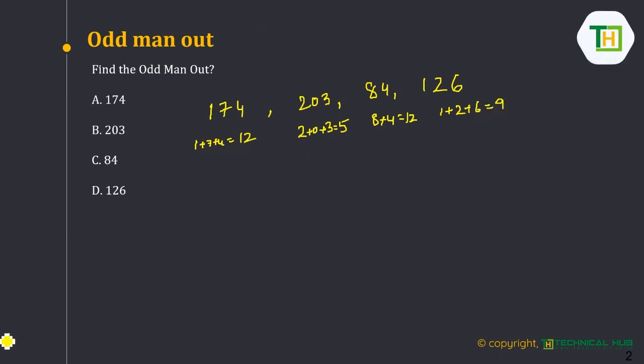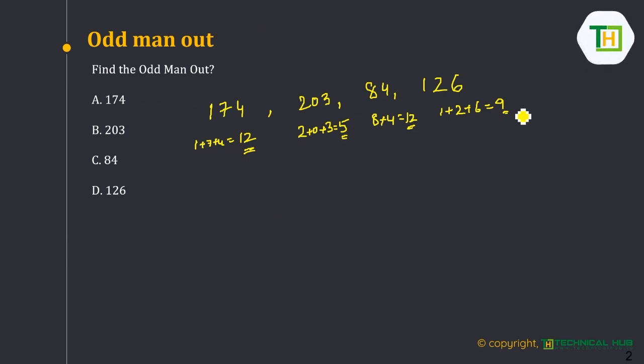If you observe the sum of the digits, the first case is 12, the second is 5, the third is 12 and the fourth is 9. Option A, C and D are exactly divisible by 3 and option B is not divisible by 3.